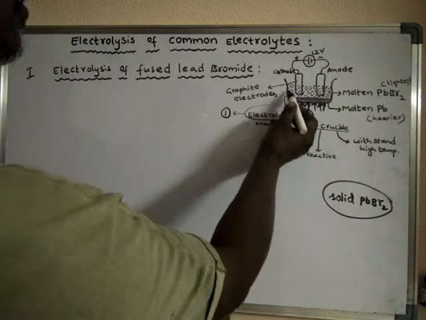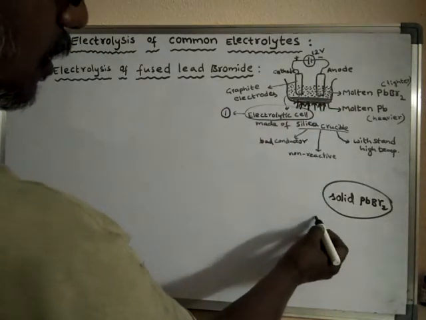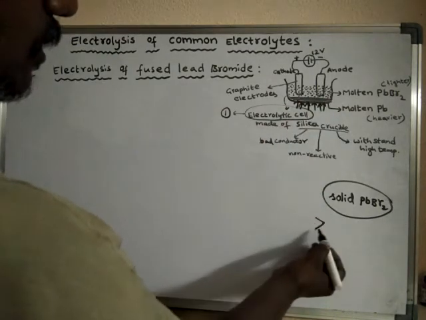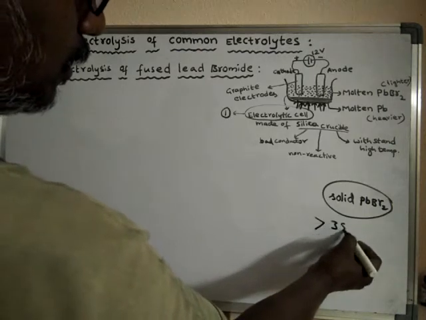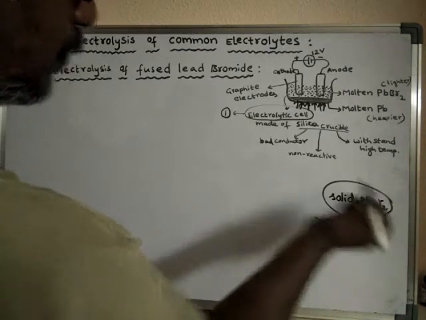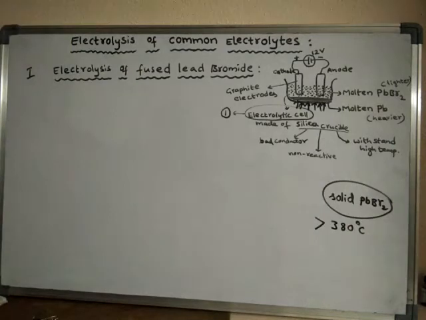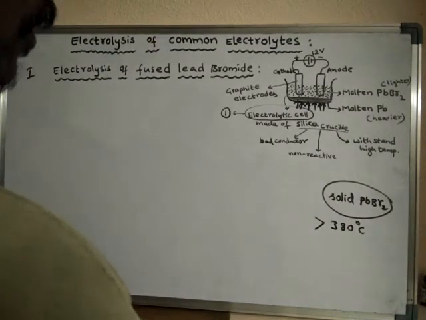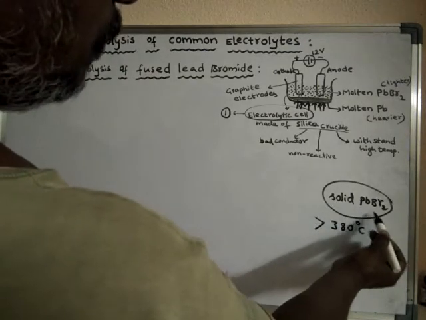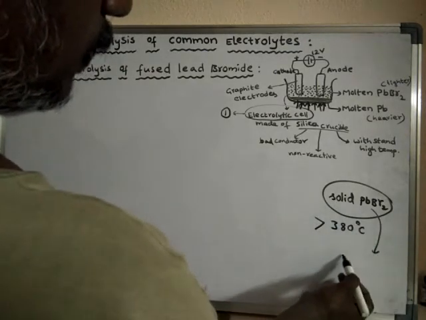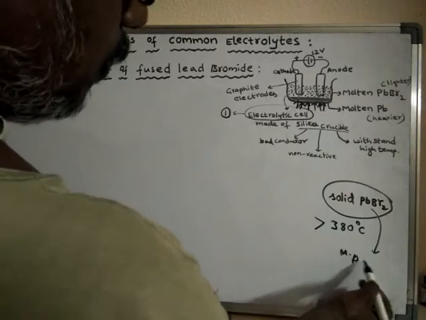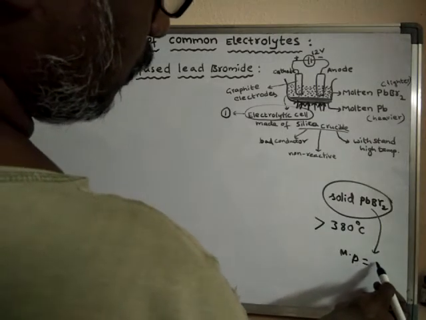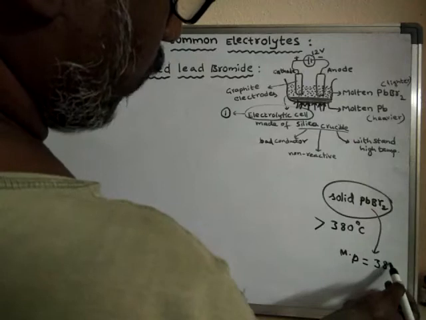We have to heat this crucible to a temperature greater than 380 degrees centigrade, around 385 degrees centigrade. Why should it be heated to more than 380 degrees centigrade? Because the melting point of solid lead bromide is nearly equal to 385 degrees centigrade.